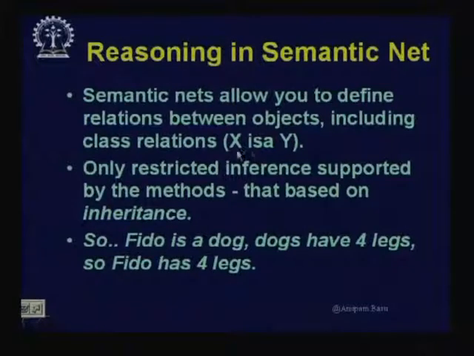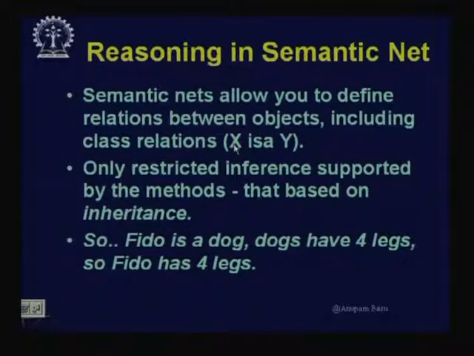Now, as we know, in semantic nets the most powerful and most common relationship that we use is the is-a relationship. So, let us see how this is-a relationship can be used to reason in semantic nets. Semantic nets allow us to define relations between objects including class relations. For example, X is a Y. First, we can define this class subclass relationship.